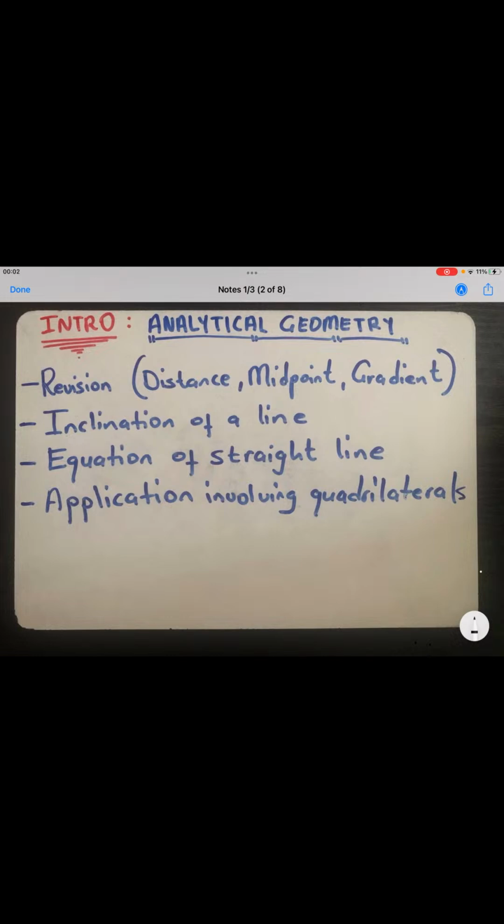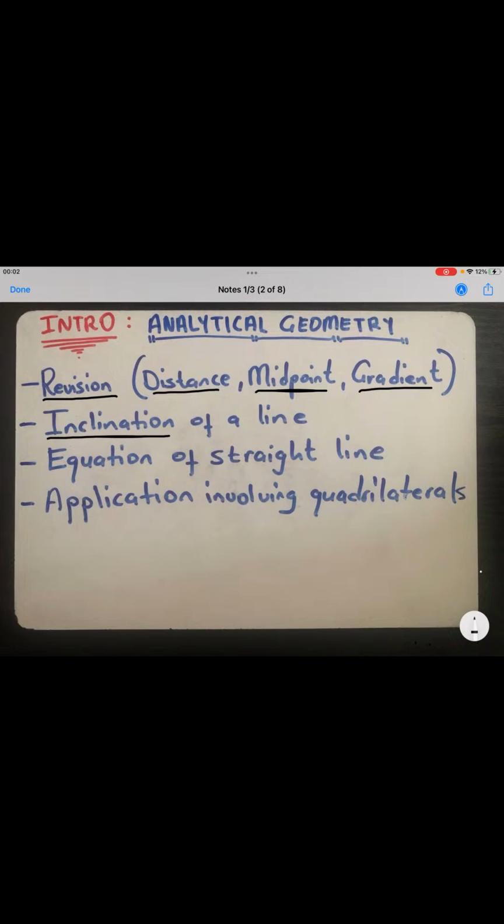Number one, we are very quickly just going to discuss revision. That's where we look at the distance, midpoint, and gradient formula. I'm pretty much sure that at this stage, you are aware of those formulas. Number two, we are also going to look at inclination of a line.